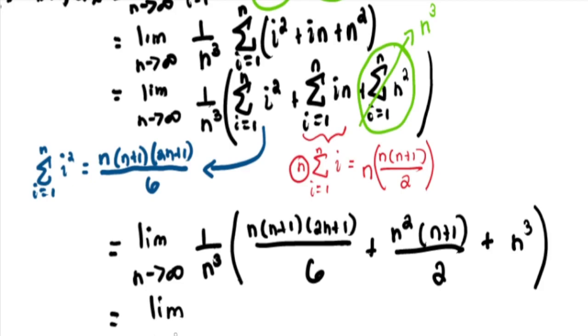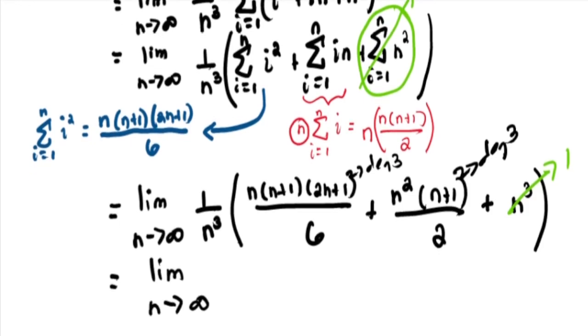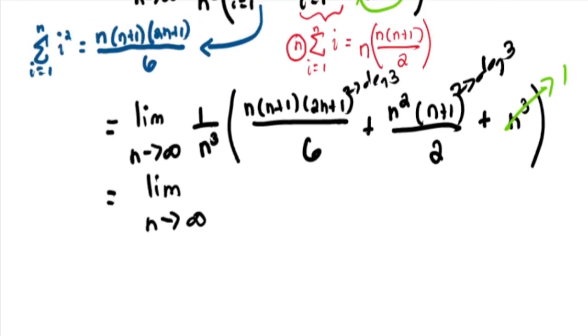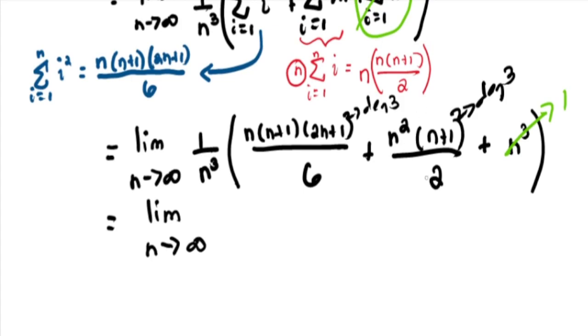Solving this limit gives us, this is degree 3, this is also degree 3, and this one, if we distribute, magiging equal sa 1. Yung leading coefficient dito would be 2. Leading coefficient dito would be 1.